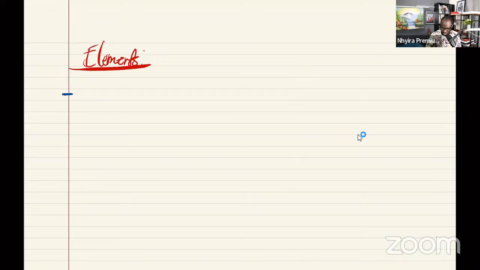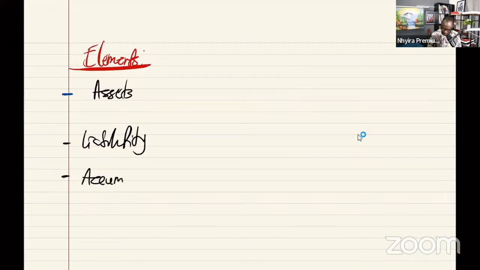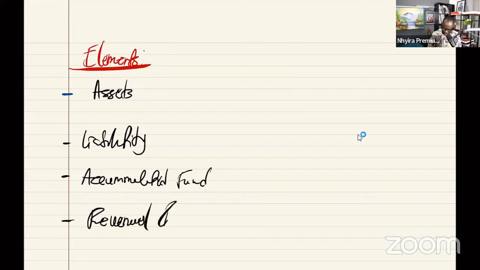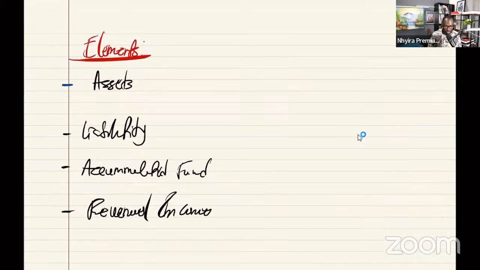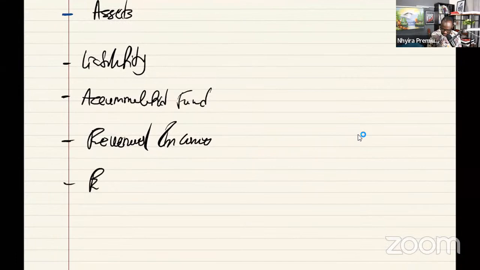Assets, liability, accumulated fund, revenue/income, and then expenses.